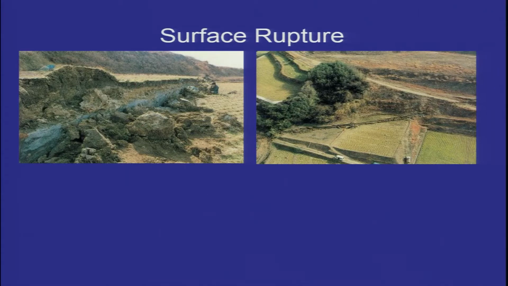So in this case, looking at this photograph, immediately we can make out that this block has moved up and this is down. Okay. And since we know that the mechanism of the faulting in this region was oblique slip, this was very evident.